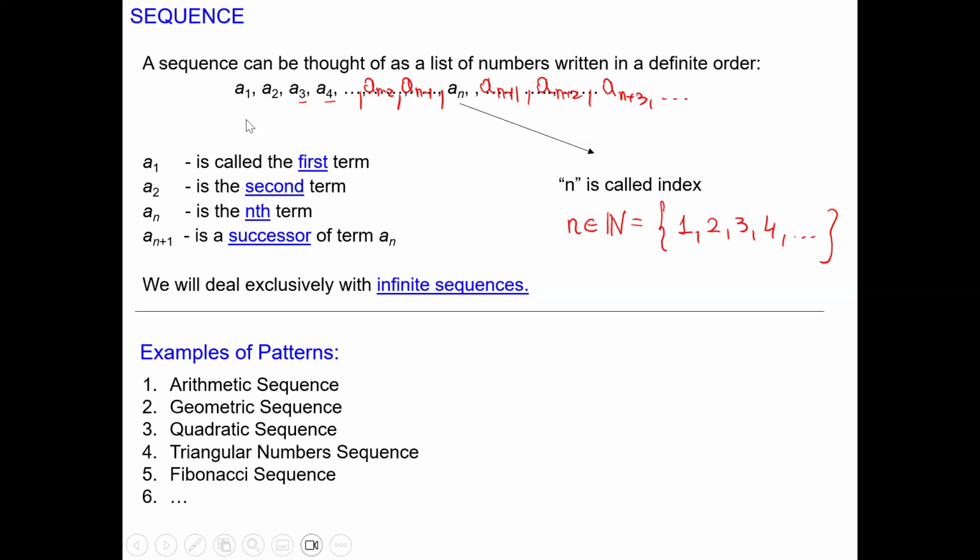Again, a sequence is a list of numbers with a pattern. That means these terms are connected with a pattern, and that pattern will be described by the general formula, which a sub n will provide.